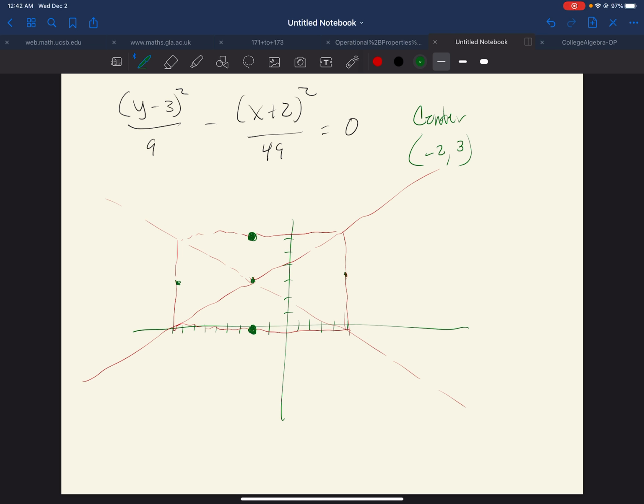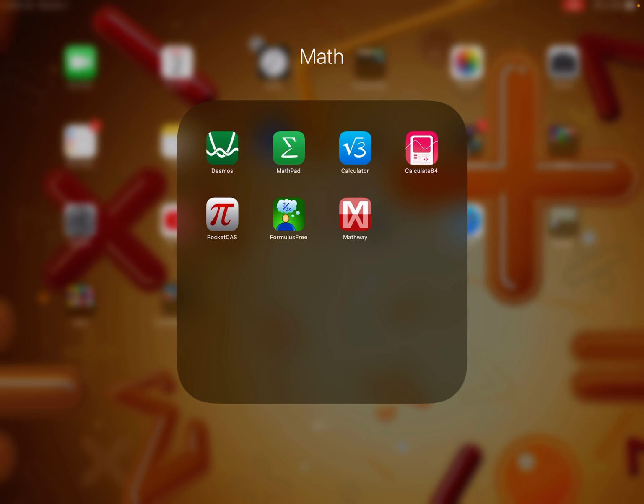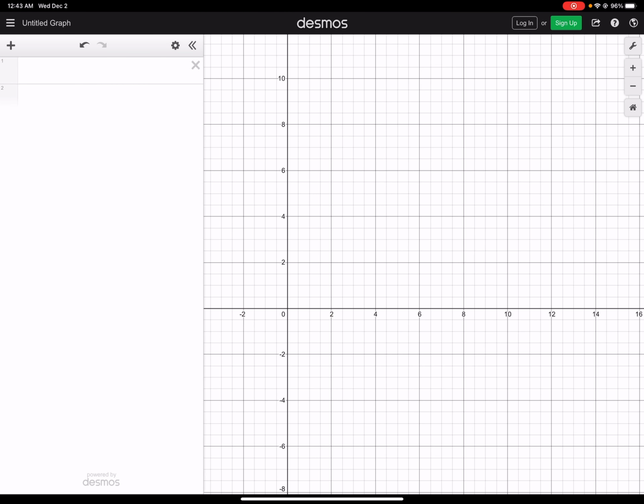And then just as before, we're going to follow this up and over and follow this out and down. And there is that graph. So it's y minus 3 over 9. So here, let's do this.